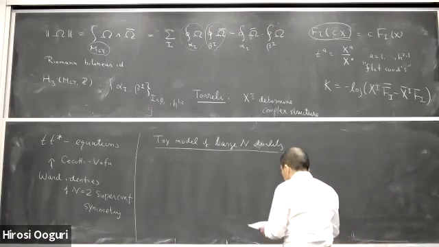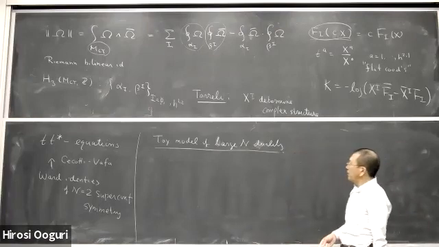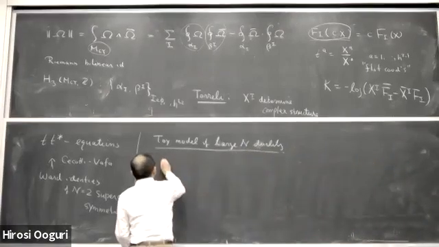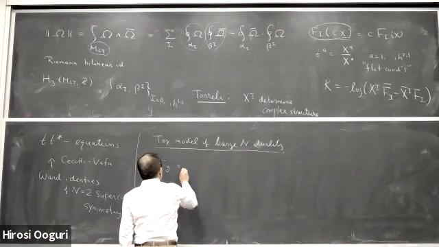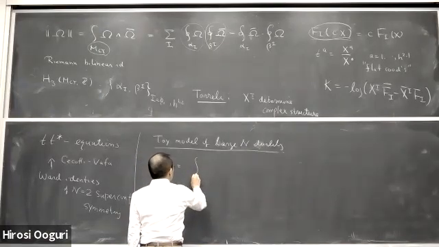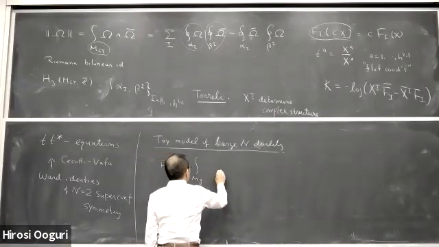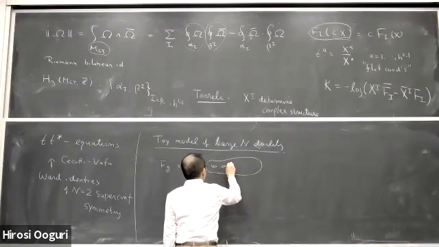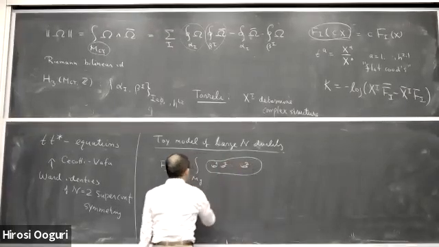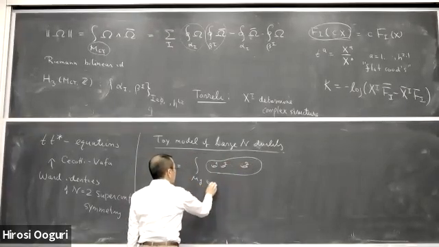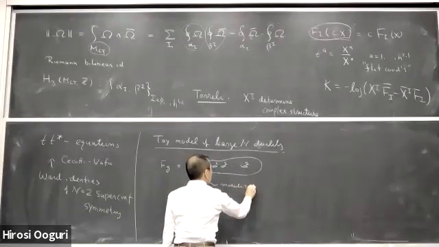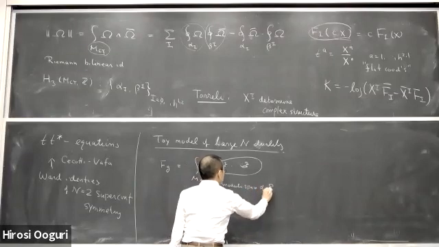In the context of topological string, large N duality means the following concept. So I define F_g as an integral of the genus g string amplitude integrated over the moduli space of genus g surfaces, right?